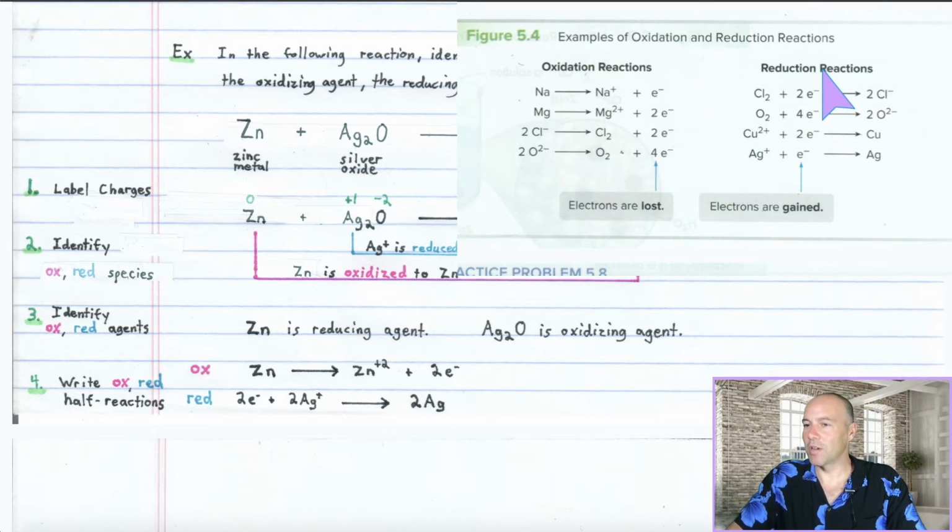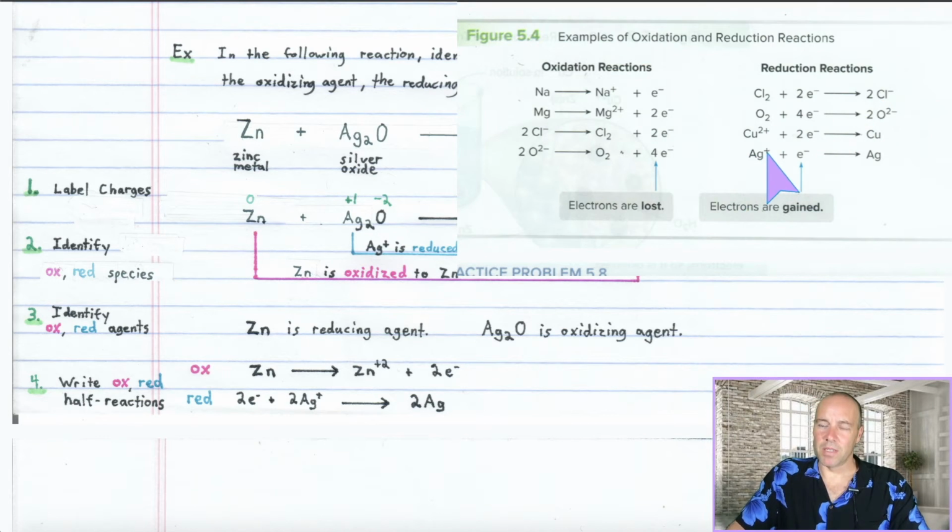And a couple of reduction half reactions that you might see. You can see the opposite of that chlorine right there. So if you have a chlorine molecule grabbing 2 electrons, these 2 electrons can break that apart and form 2 chloride minus anions. And here you have the neutral molecule being reduced down to negative anions.